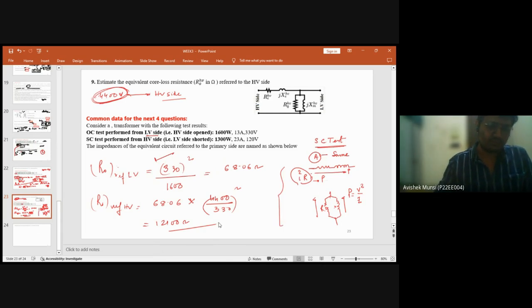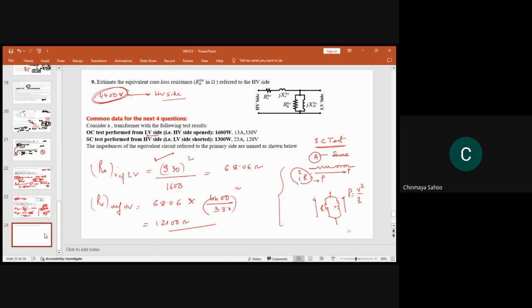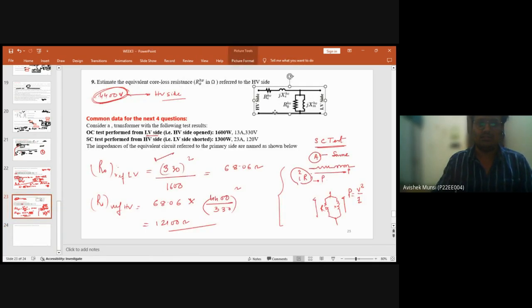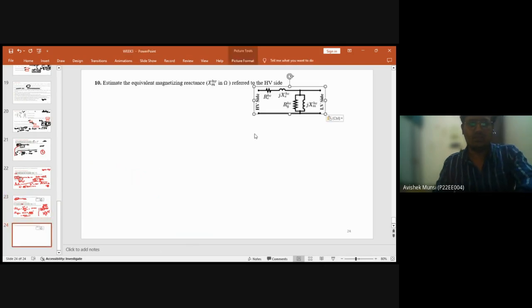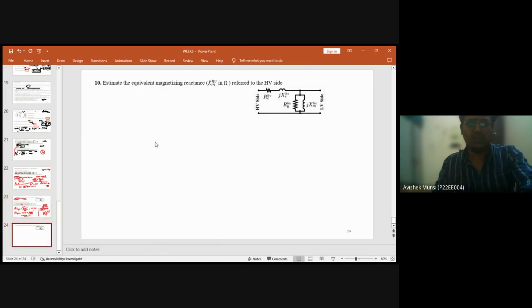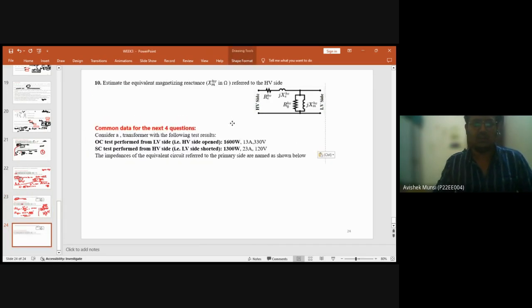It's clear? Yes, sir. And the last question is you have to calculate the magnetizing reactance. This is the last question. Here it is not mentioned, here it is mentioned at the HV side. Try to calculate it.